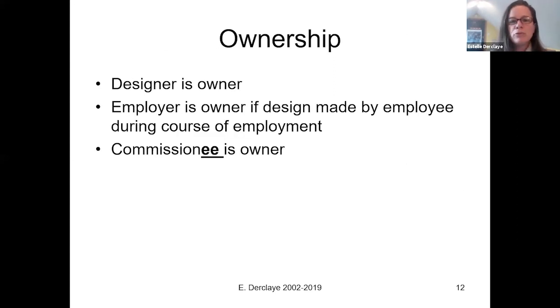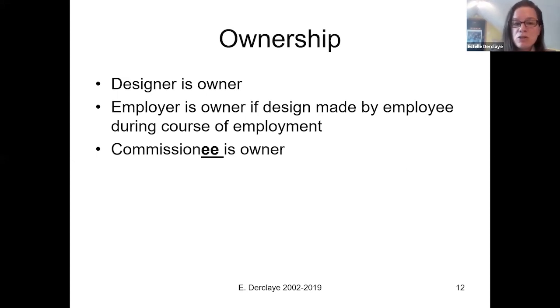Now, once you've proven all this, you become the owner. And normally the designer is the owner of the design right, of the registered design right. And only if the designer actually is an employee and has made the design in the course of employment, then the designer is not the owner, but his employer who employs the designer.